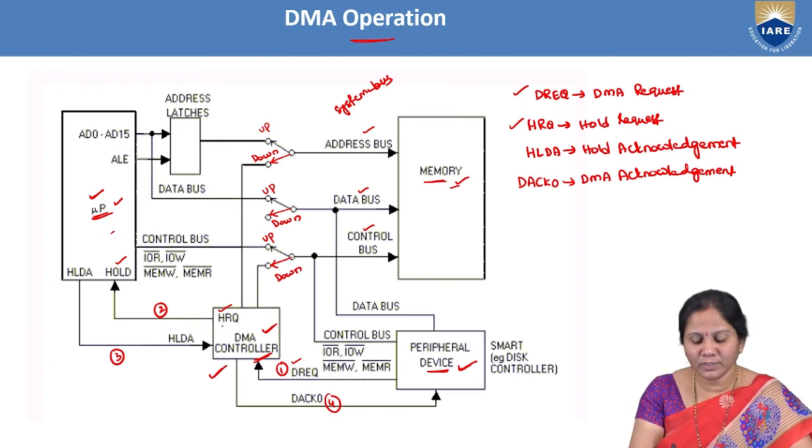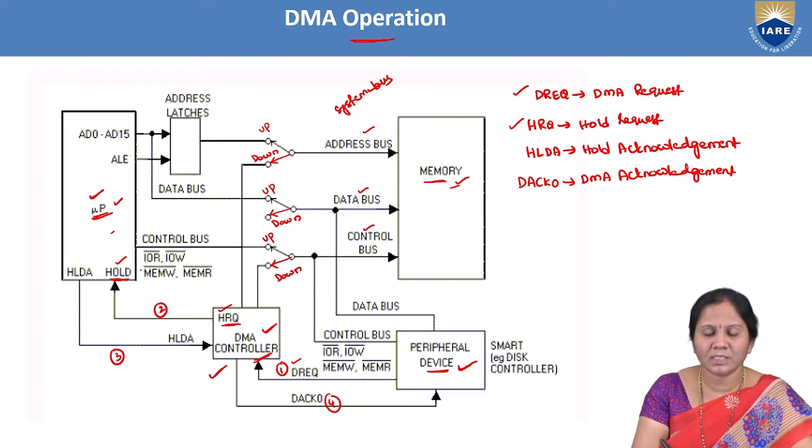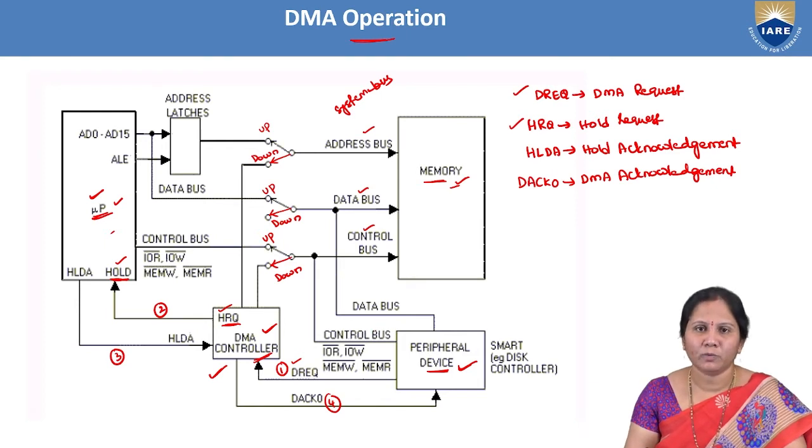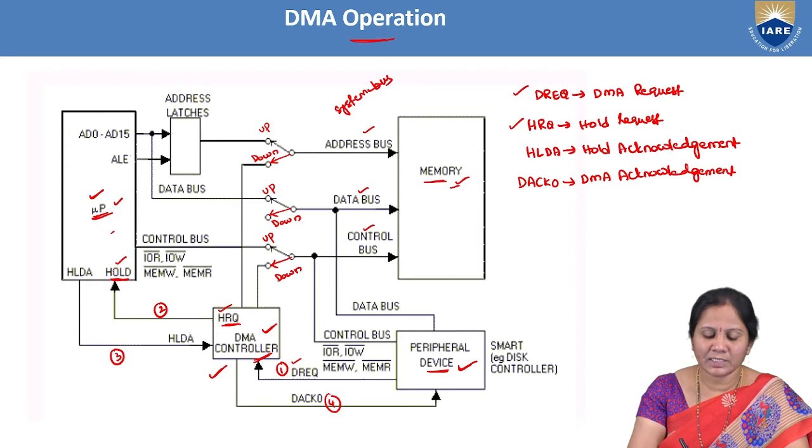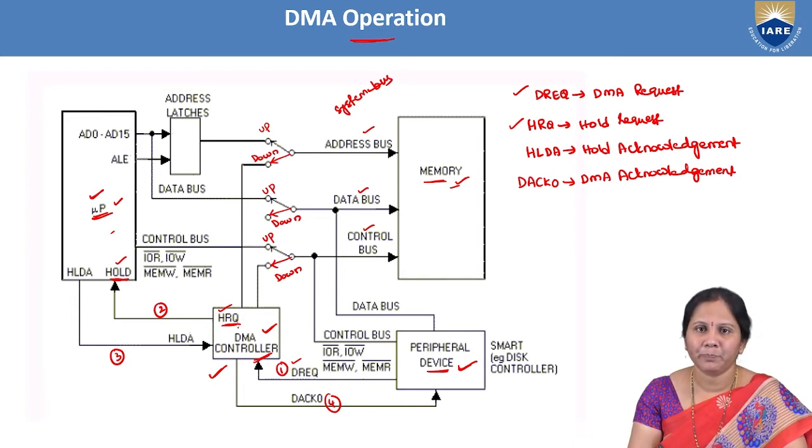The HRQ signal of this DMA controller will be connected to the hold signal of the 8086 microprocessor. If the DMA controller sends the hold signal, it means the DMA controller is asking for system bus access from the 8086 microprocessor.